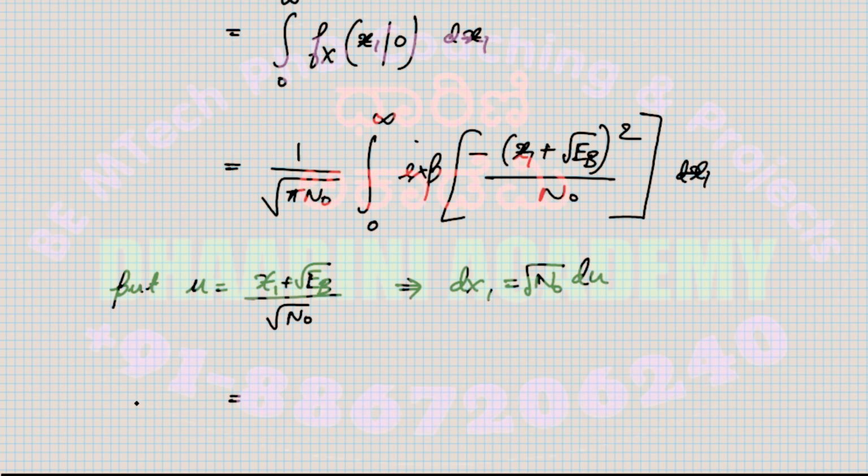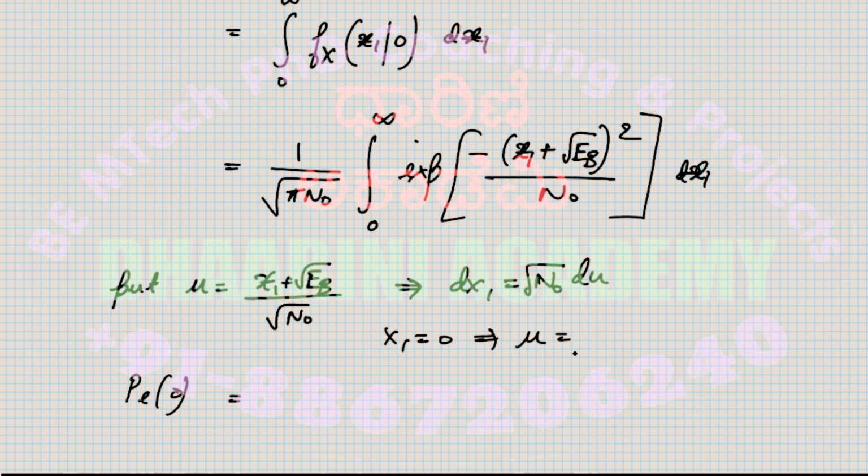So when I substitute the same thing back, on the left-hand side I still have the probability of error when 0 was sent. I also need to substitute the limit, correct? Let's calculate the limit before we do this. When x1 equals 0, what happens to the u value?